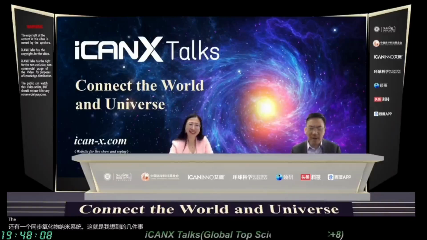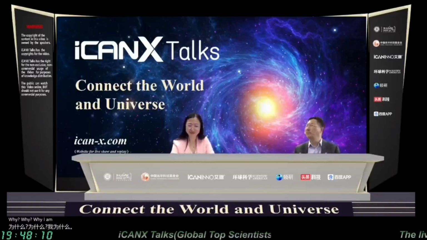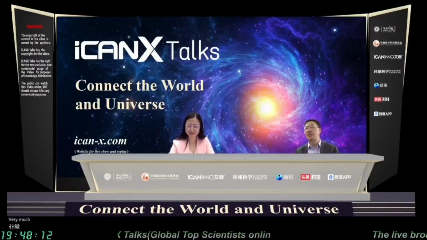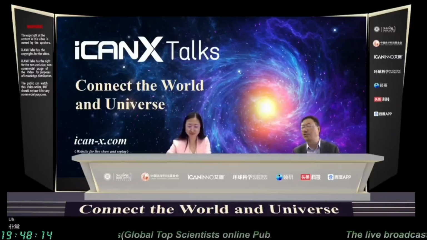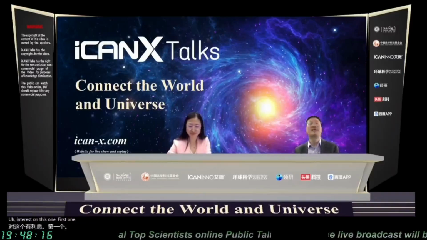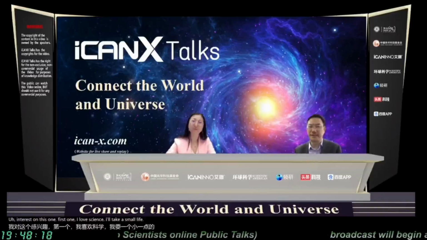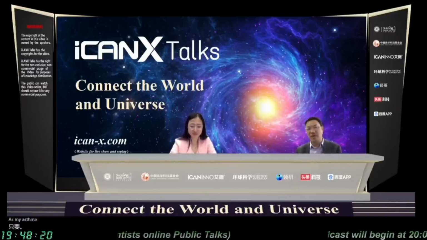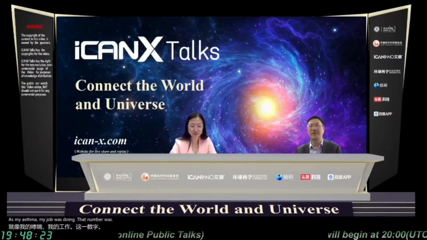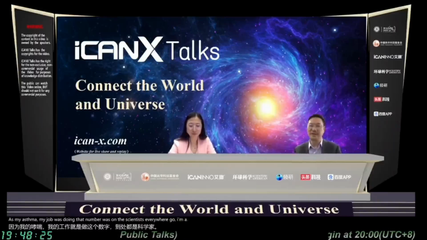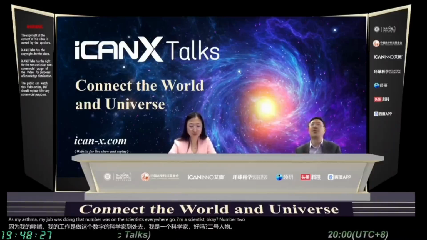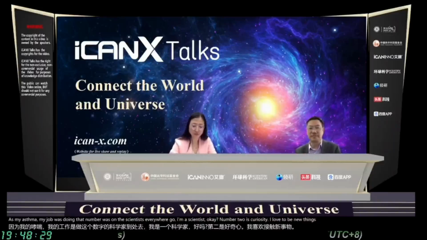Wow. So why am I very much interested in this? First one, I love science. I take it as my life, as my job. Number one, I'm a scientist. Everywhere I go, I'm a scientist. Number 2 is curiosity. I love new things.